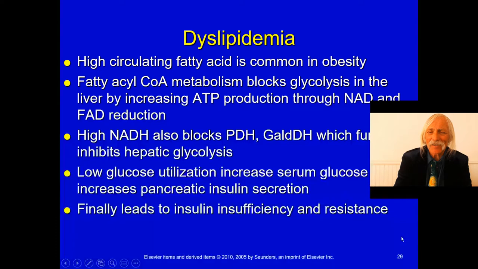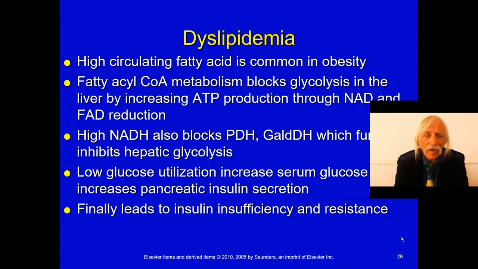All right, so let's go to the next slide. So here's dyslipidemia, a good definition about it. High circulating fatty acids are common in obesity. Obesity is a major epidemic, pandemic, really, worldwide. Fatty acyl-CoAs, remember those thioesters, block glycolysis in the liver by increasing ATP production because of beta oxidation.